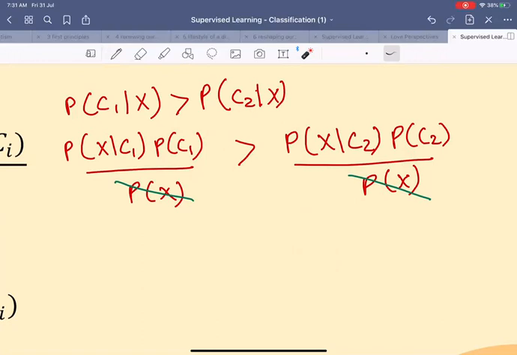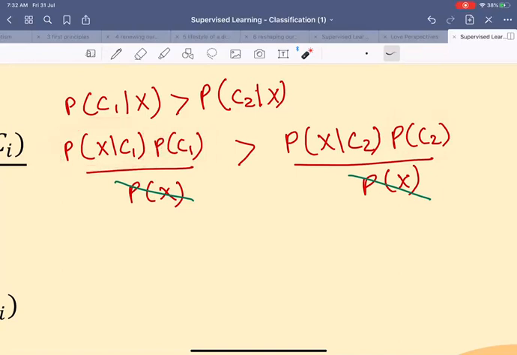If you're looking at the Iris data set, the probability would be how many class 0 we have divided by total, how many class 1 divided by total, how many class 2 divided by total, and we can easily evaluate prior probabilities.